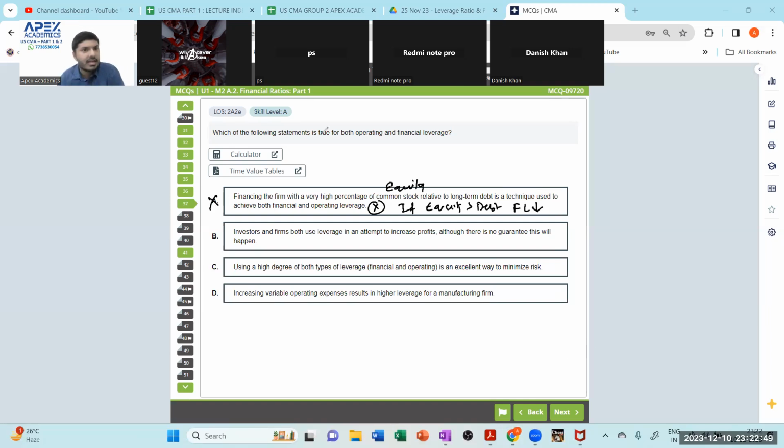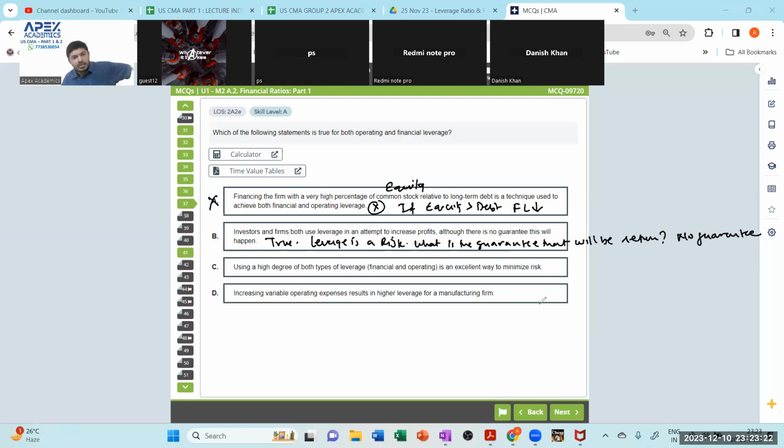Yes, sir. Investors and firms both use leverage as an attempt to increase profit, although there is no guarantee that this will happen. True. Leverage is a risk. What is the guarantee? That there will be return. There is no guarantee.